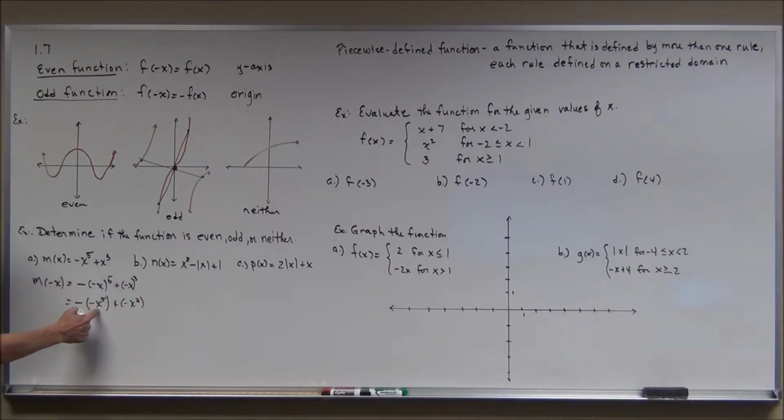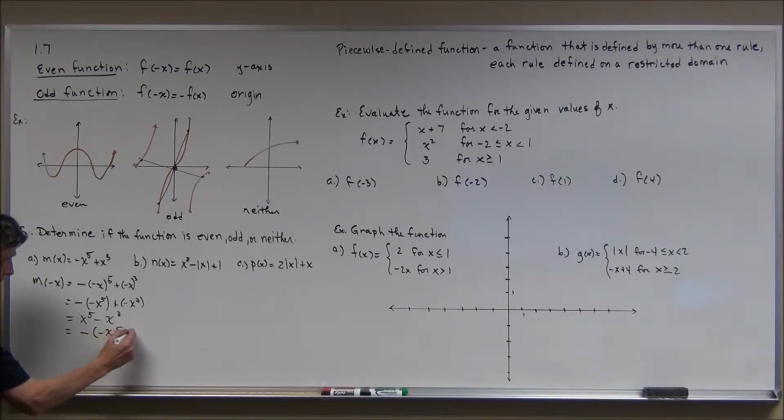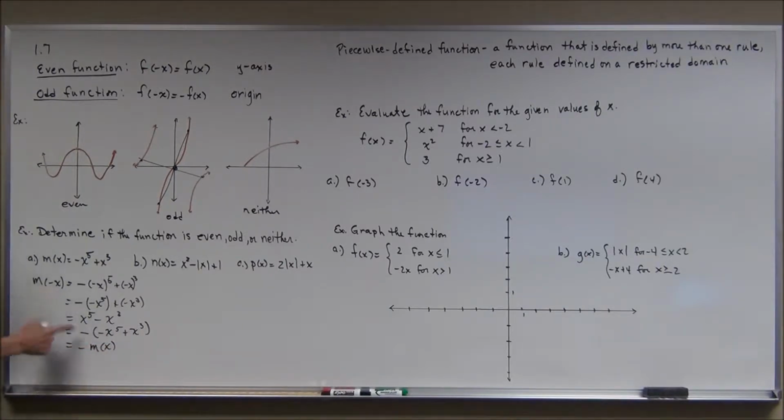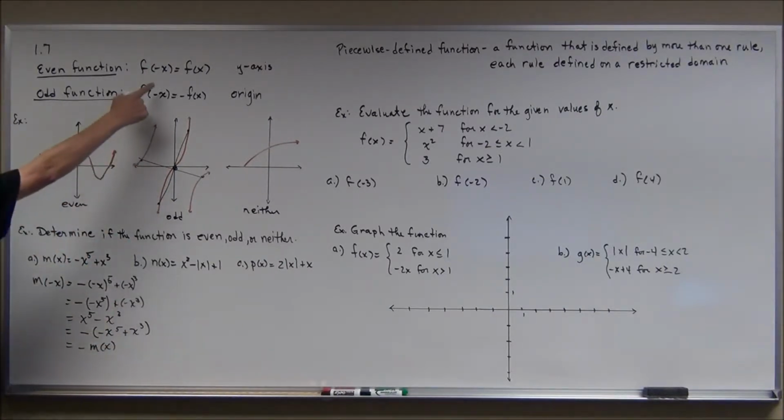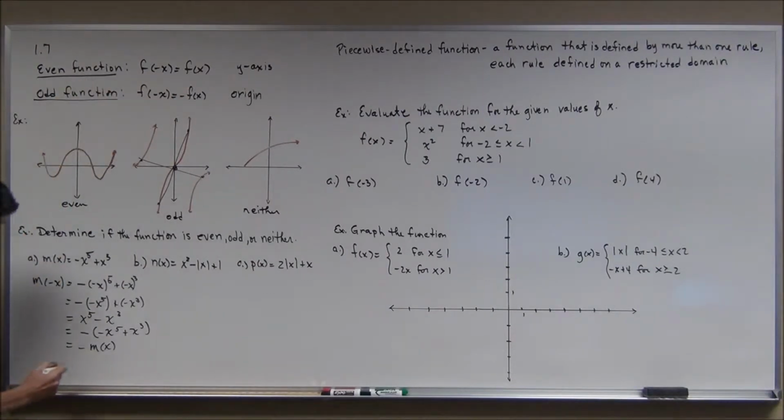So the opposite of x to the fifth would be x to the fifth, and this would be minus x to the third. And you look at that and you say, well, that's not back to the original. No, but as you can see, these are opposites. This is equal to the opposite of x to the fifth plus x to the third power, or the opposite of m of x. So m of the opposite of x equals the opposite of m of x. This is an even function.